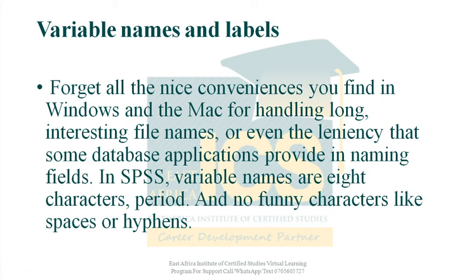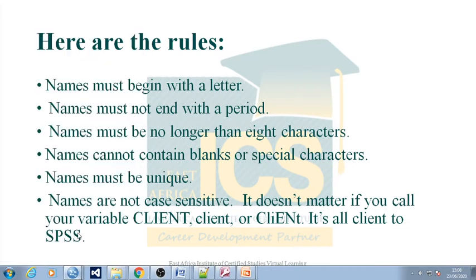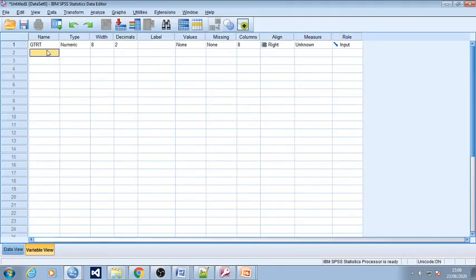Some of them you've seen in the description before us on the screen, but here are the rules to follow. So names must begin with a letter. Very important. You cannot begin a name with a number. So it must begin with a letter. So let me put a number.